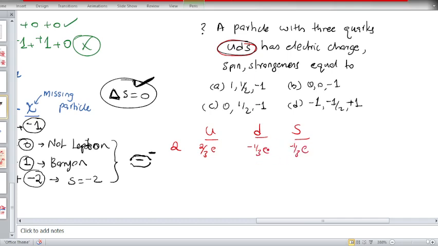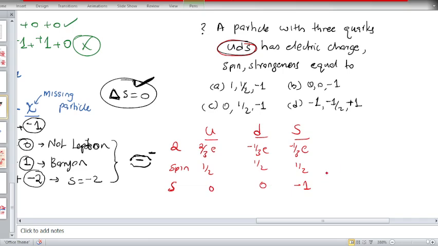For spin, each is half. The third one is strangeness: for up and down quarks it is 0, and only the strange quark has minus 1.